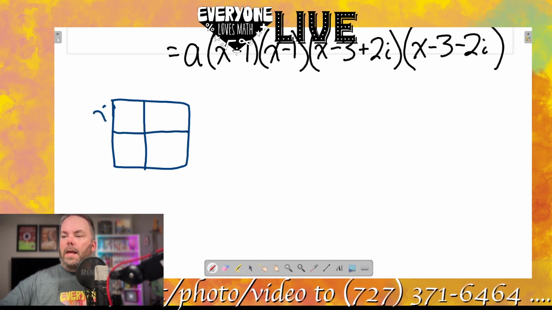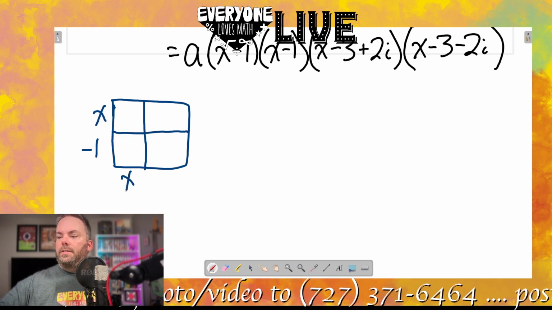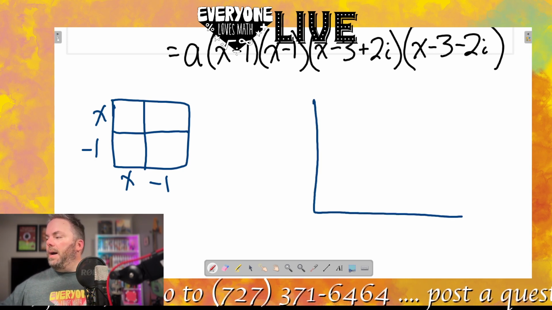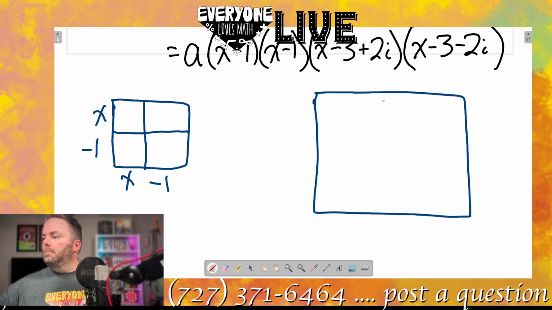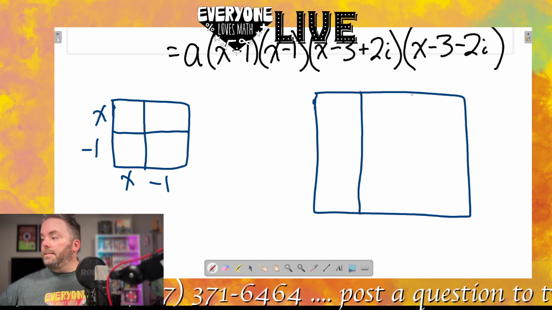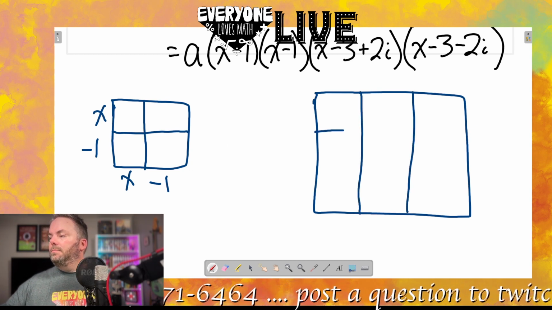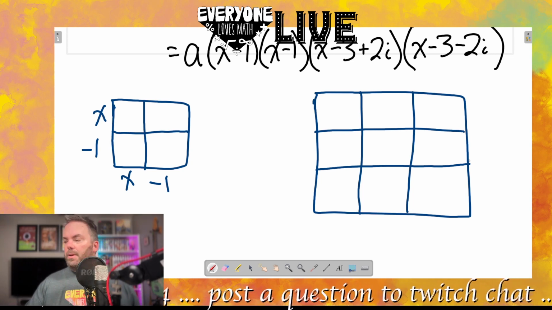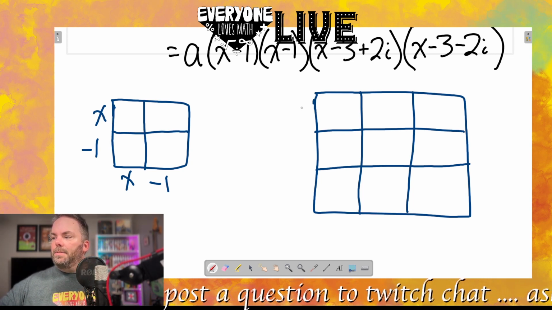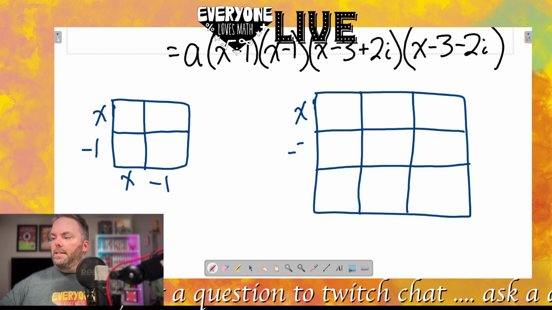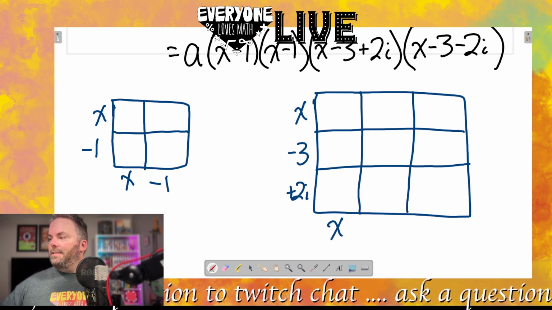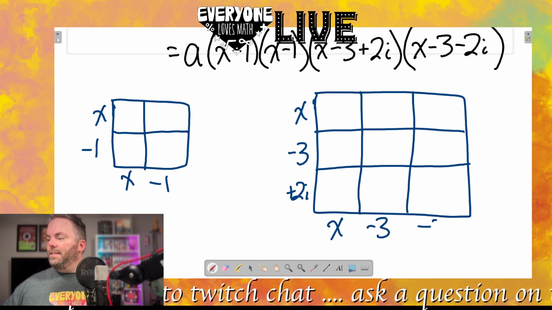So I'm going to multiply out the x minus 1s first. And then I'm going to make a 3 by 3 to multiply out the other 2 factors. Why do I need a 3 by 3? Because I have to multiply x minus 3 plus 2i and x minus 3 minus 2i.